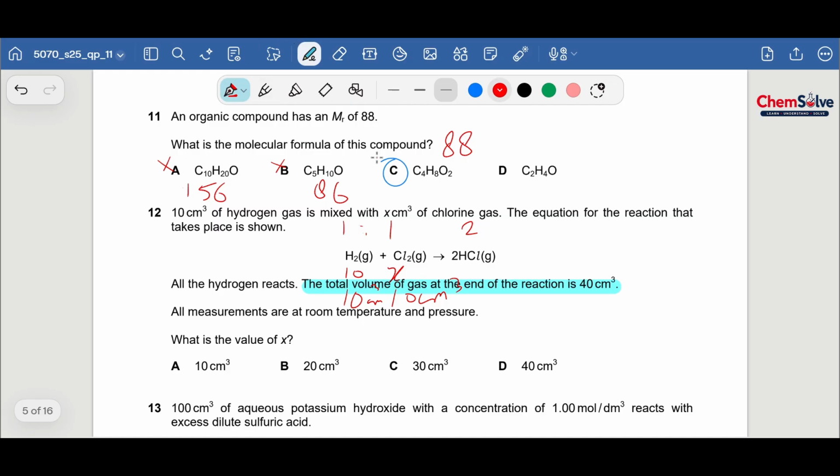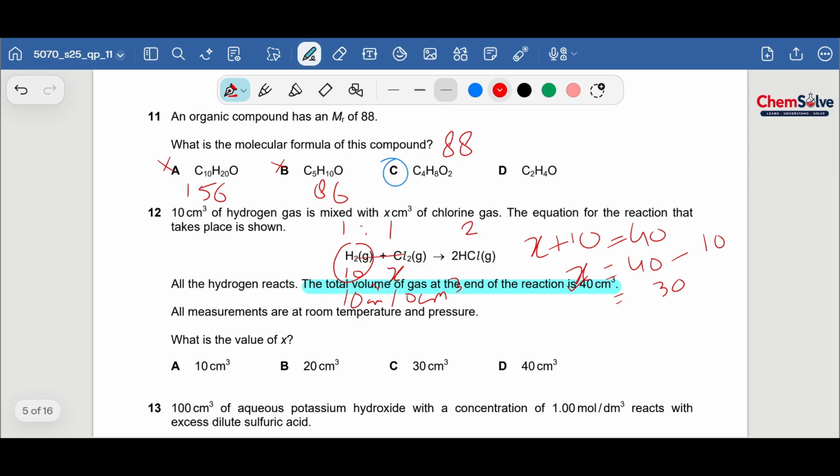So if I suppose that X plus 10, this 10 is basically the volume of the hydrogen, is total 40 according to my question statement. So X would be 40 minus 10, it will be 30.